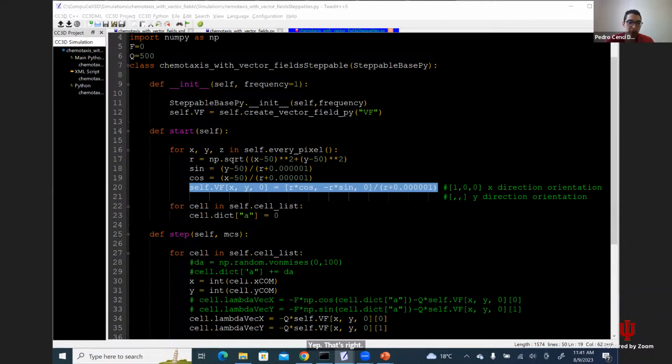So let's say you want in the diagonal, positive x and positive y in the diagonal, like so. In your case, like this, pointing to this direction. How would you write the vector field?